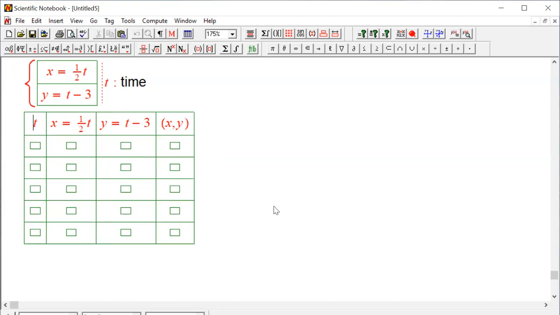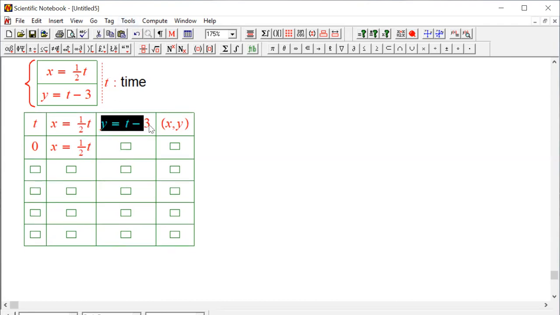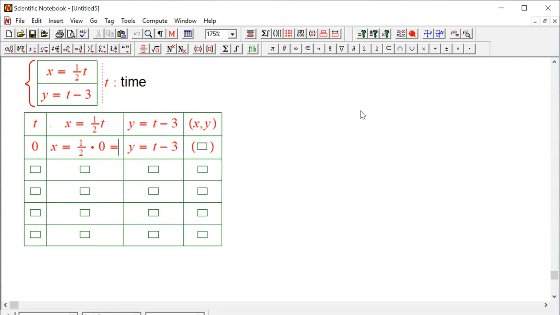And also, as we choose the value of t, suppose time is increasing, right? So for example, if I choose time as 0, x will have a value, y will have a value, and this point will be determined accordingly. When t is 0, t is replaced by 0, so x is 0.